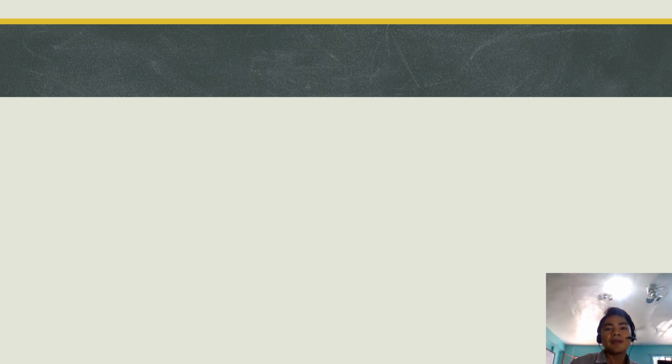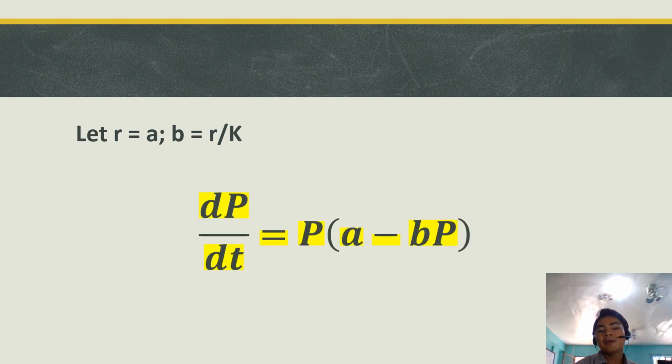So let us remodel this differential equation to make it a more logistic model that applies to more than just population growth. We let r equal a to make it standard, and then b equal to r over K. So we now have this equation: dP over dt is equal to P times the quantity a minus bP.